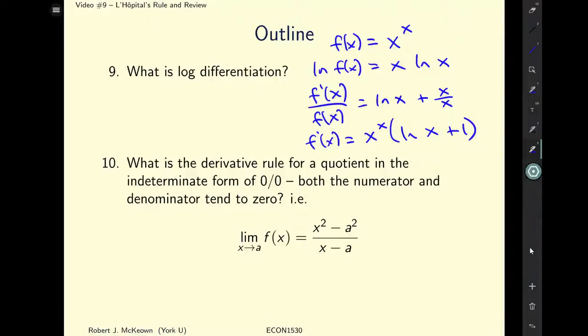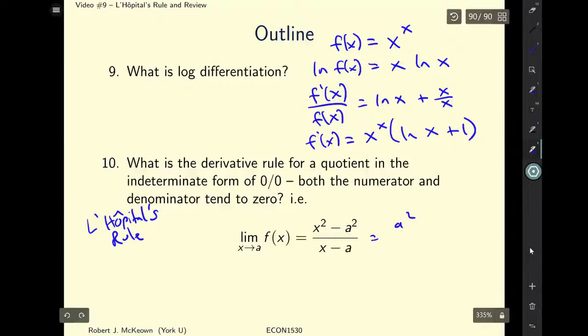Finally, we've got L'Hopital's rule. And if we look at this one, x is going to a, so we get a squared minus a squared over x minus a.